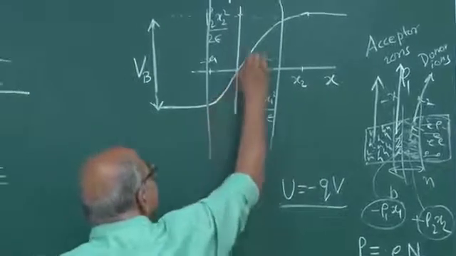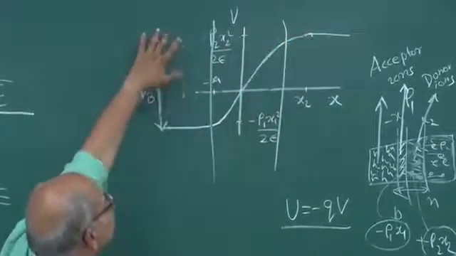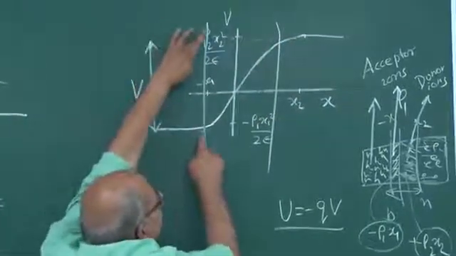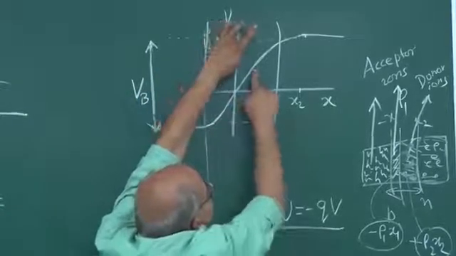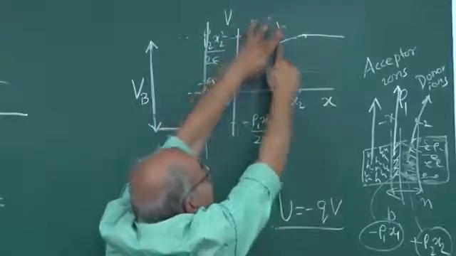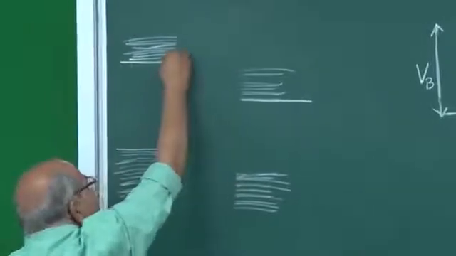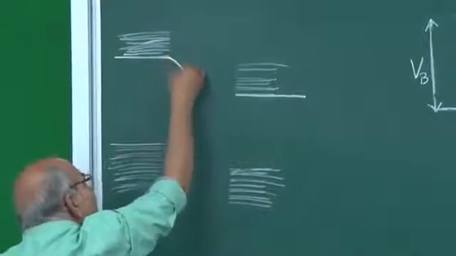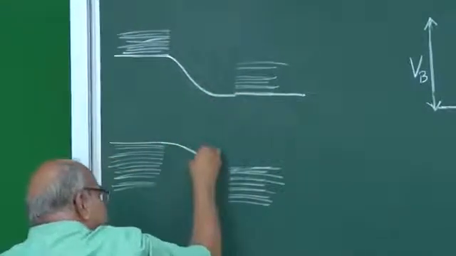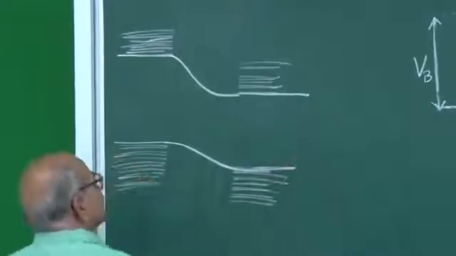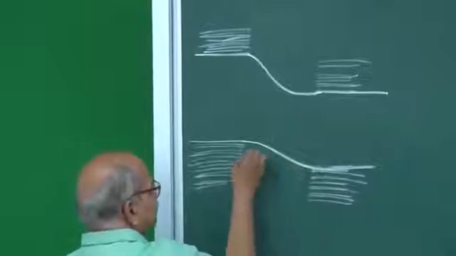That shift gradually decreases. So if I take this as the reference, the shift is this much here, this much here, and this much here. So gradually it will come and join here, like this. So that's the kind of energy diagram you will have.